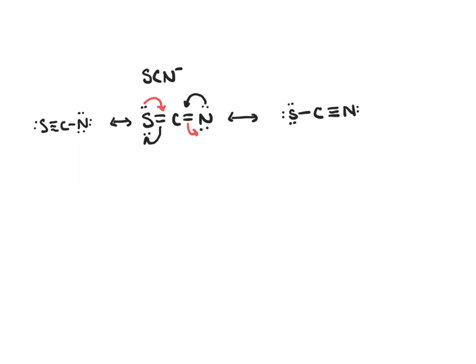So we have three different resonance structures, but notice that these are not equivalent. They're not equivalent because there's not the same number of double bonds, single bonds, and in this case, triple bonds. So these are inequivalent resonance structures.